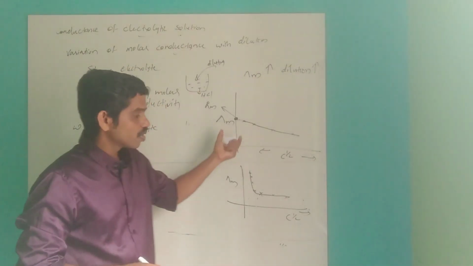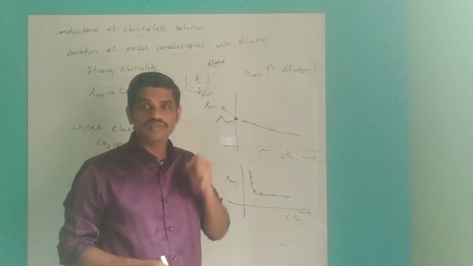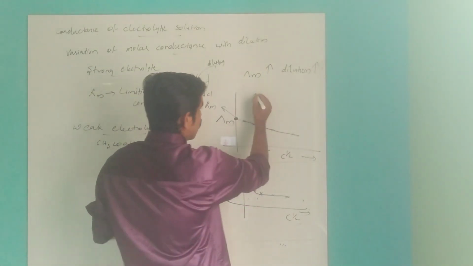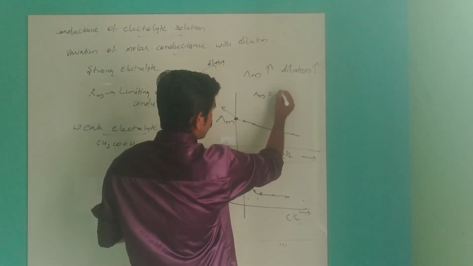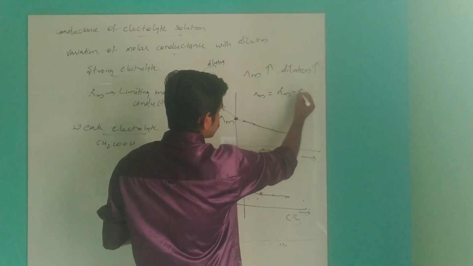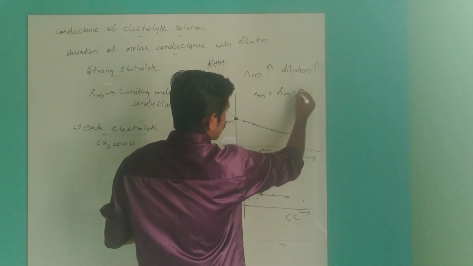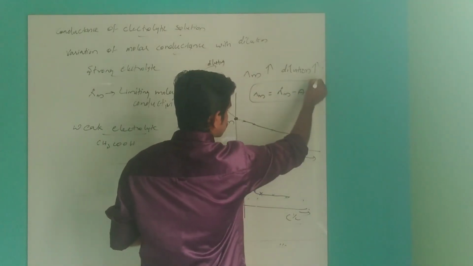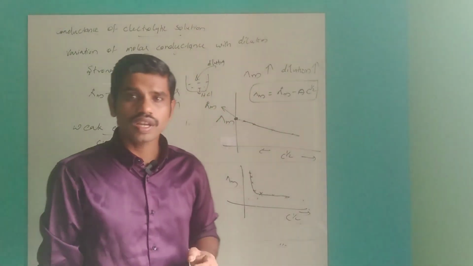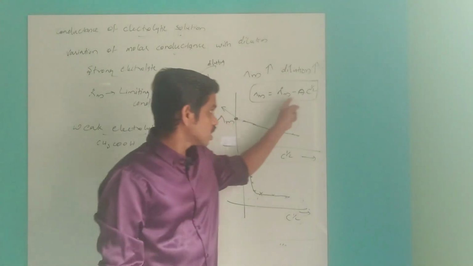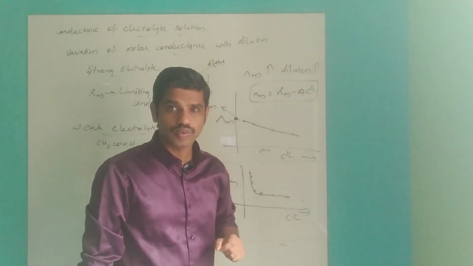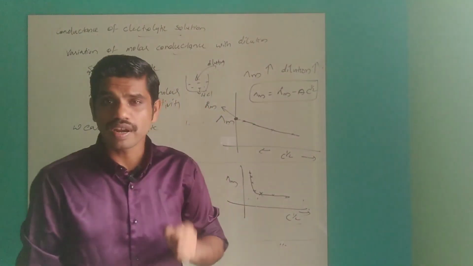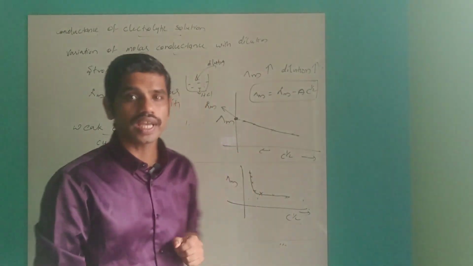For a strong electrolyte, there is another formula: lambda m is equal to lambda 0 m minus A c raised to 1 by 2. This equation is called the Debye-Huckel-Onsager equation.